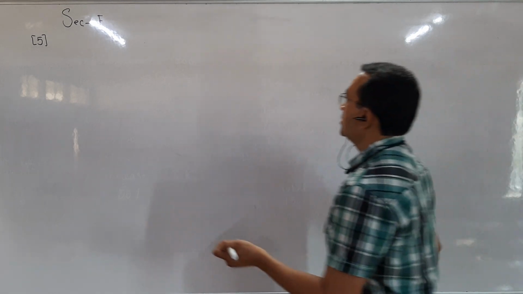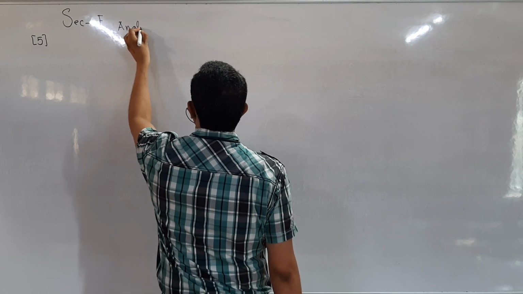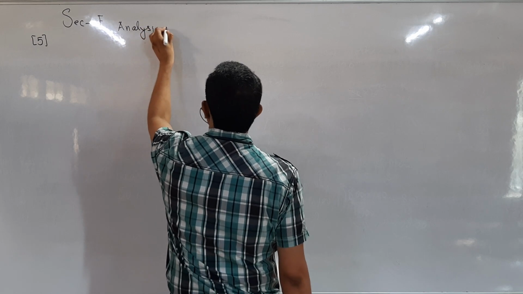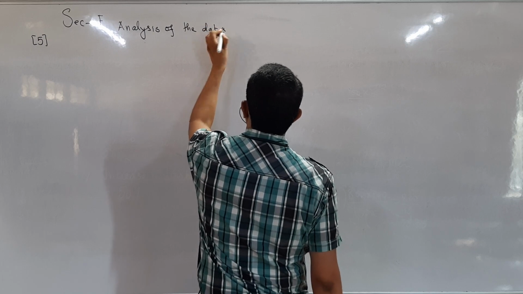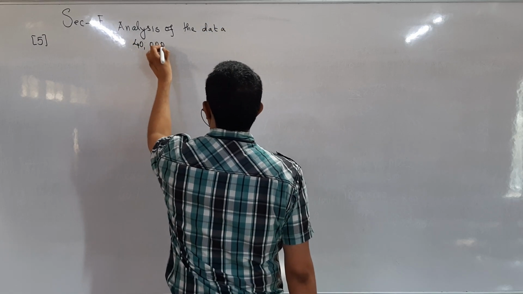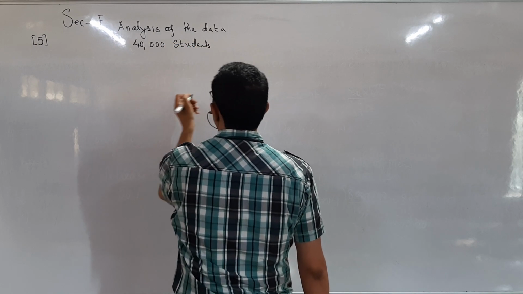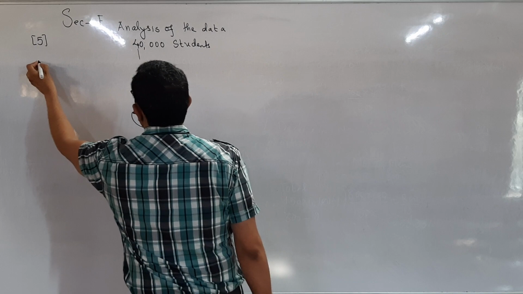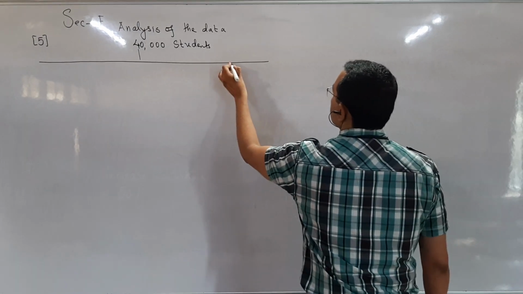So, if I start with analysis of the data, total students were 40,000, and these are divided into girls and boys.